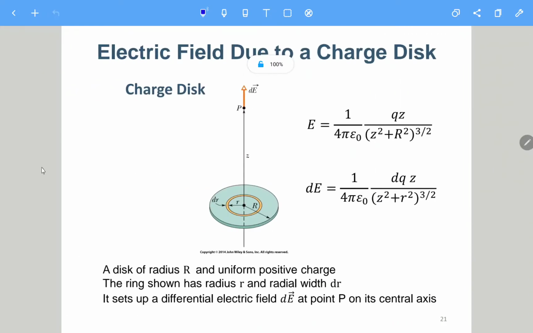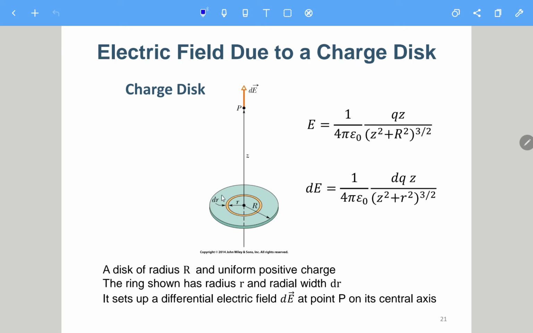Okay, so this is the case. We use the rings with different radius to construct the whole disk, and then we integrate the radius from 0 to capital R, which is the radius of the disk, to find the whole E field generated by the whole disk. Just now we already know that E is k times qz over this term to the 3/2 power.